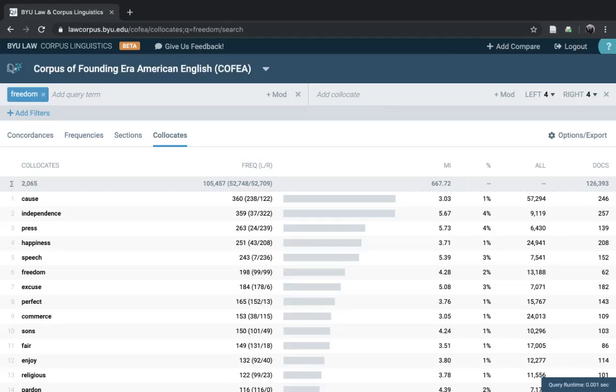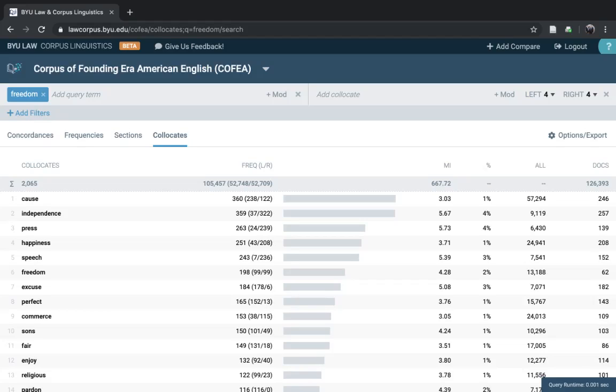With cause, it occurs 360 times. And then in the parentheses, you'll see up here, it says left/right. So 238 out of those 360 of cause are occurring to the left of freedom. The rest, the 122, are occurring to the right of freedom. And then we can check back here with our span to see what we're dealing with.